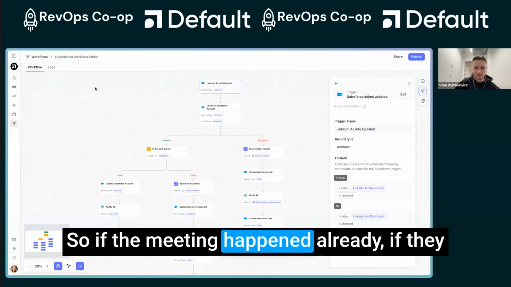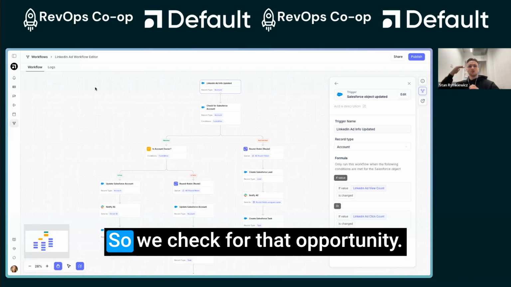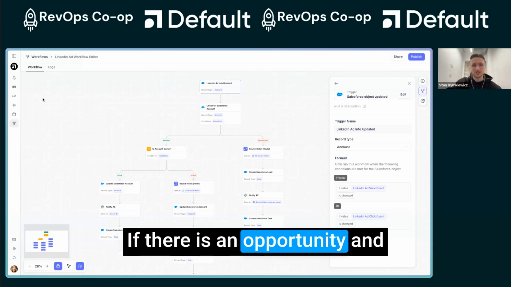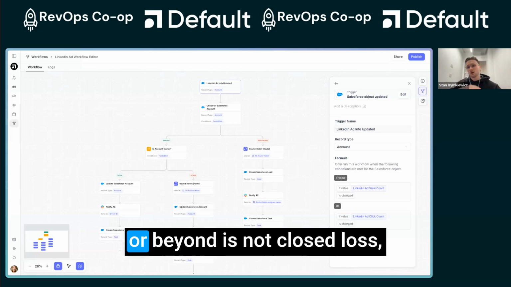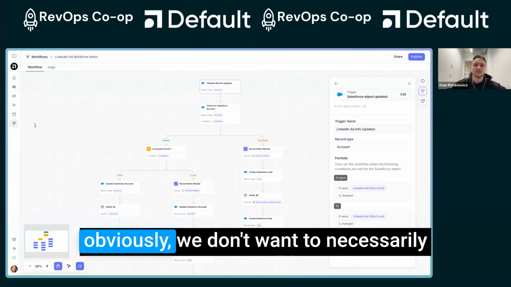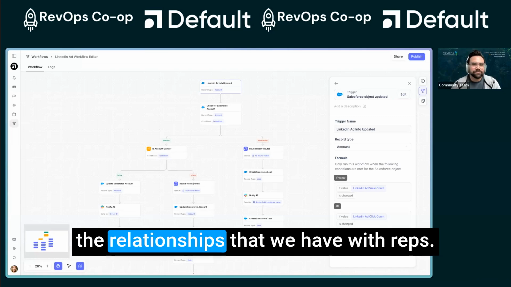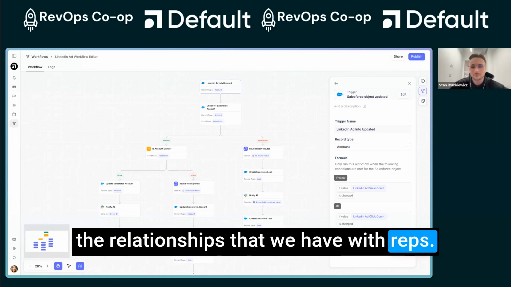So if the meeting happened already, if they submitted a form, we know that in our CRM. So we check for that opportunity. If there is an opportunity at stage 0 or beyond that is not closed lost, then continue with the task itself. So this is how we go about this. But yes, obviously we don't want to spam reps with tasks because then we burn the relationships that we have with reps.